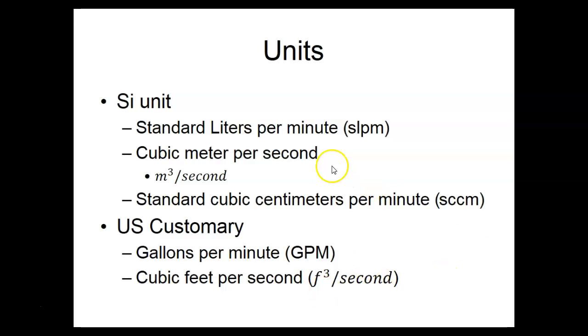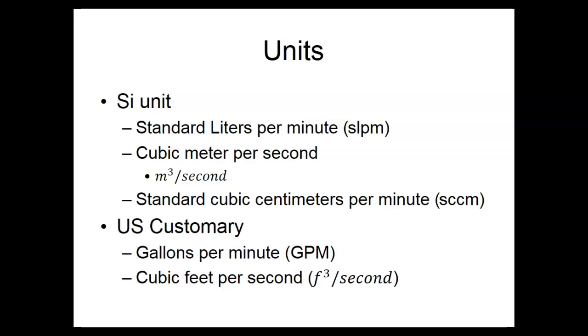So standard liters per minute. A liter is a volume, right? Then we have cubic meters per second, and this is the way it would be abbreviated. So this is the volume per second. Standard cubic centimeters per second. Those would be the SI units, or the International Standard Units.